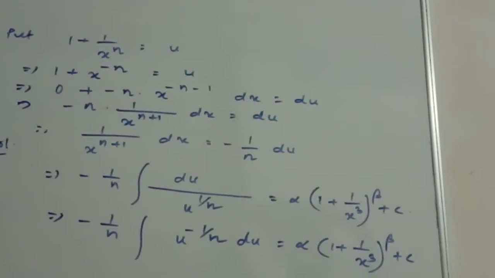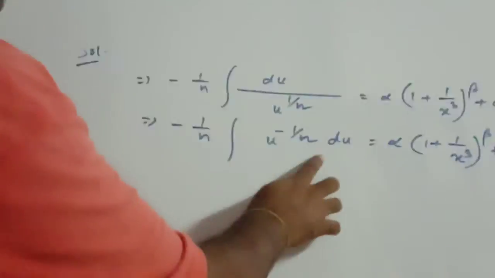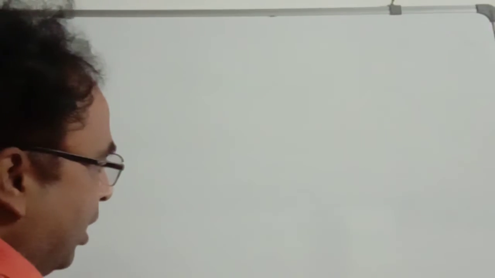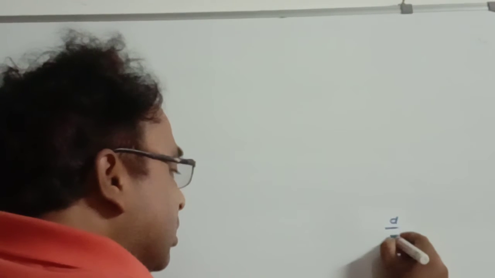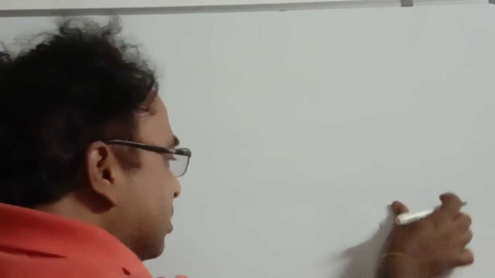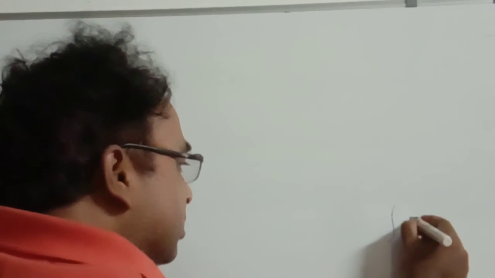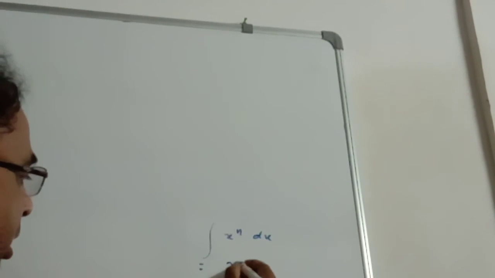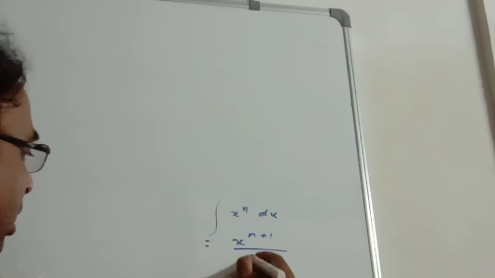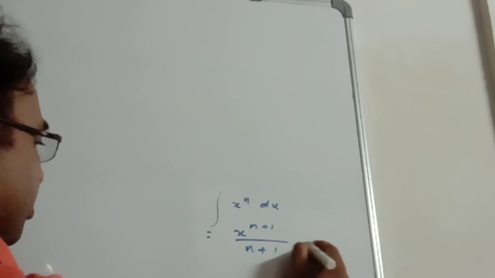Now we'll do the integration of this. For that we have to use the form of integration of x to the power n dx, which is x to the power n plus 1 by n plus 1, plus c.